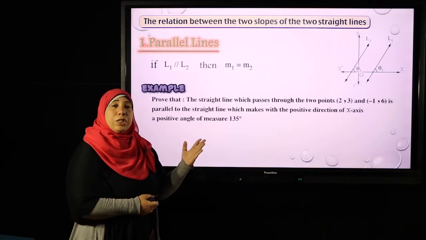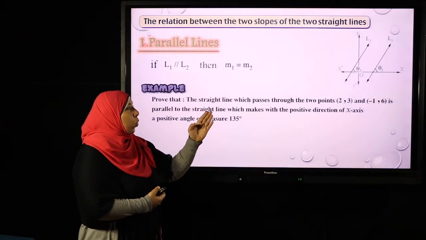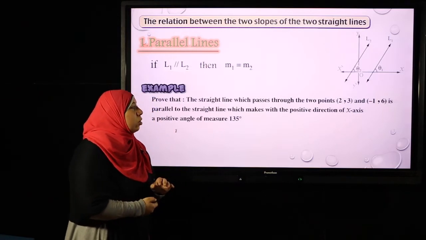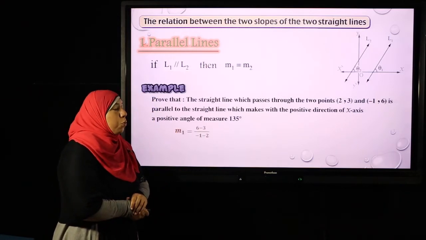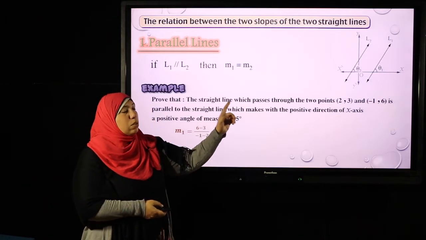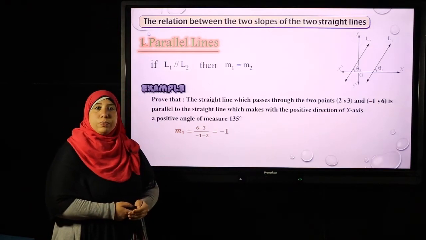I have two different givens. One of them gives you 2 points, so I have to use the rule which is (y1 minus y2) over (x1 minus x2). So I will make 6 minus 3 over negative 1 minus 2, equal to negative 1.